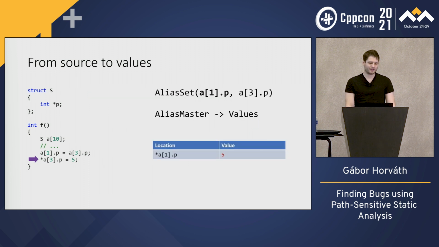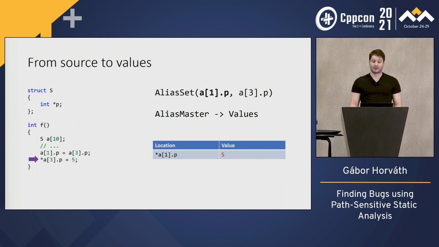On the other hand, there is an alternative approach. In the alternative approach, we are not materializing the graph that represents the memory, but we basically record which set of names refer to the same object. So in this case, A1.p and A3.p will mean the same value.